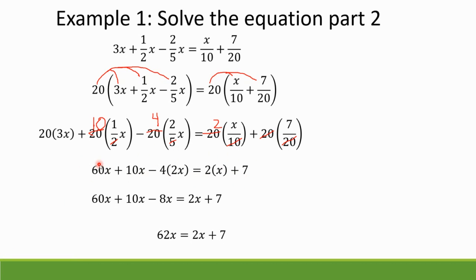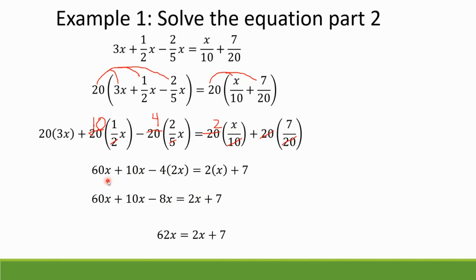Okay? So we get 60x plus 10x minus 4 times 2x equals 2x plus 7. Let's keep going. We know 4 times 2x is just 8x. 2 times x is 2x, as you can see.